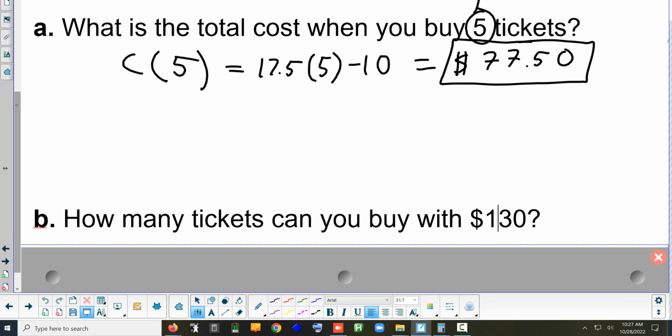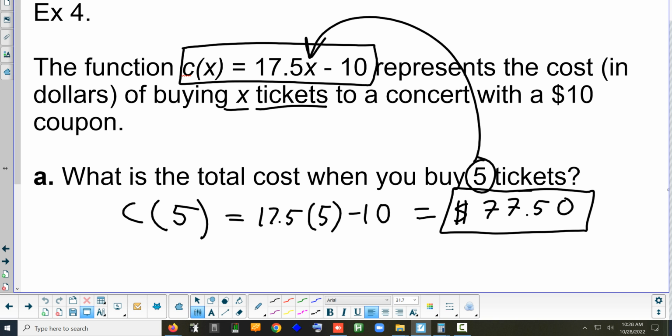Is that tickets, or is that a cost of tickets? Yeah, that's a cost this time. Since it's a cost, where is it going to go in that formula? For the X or for the C of X? Which one gets replaced? Lexi?